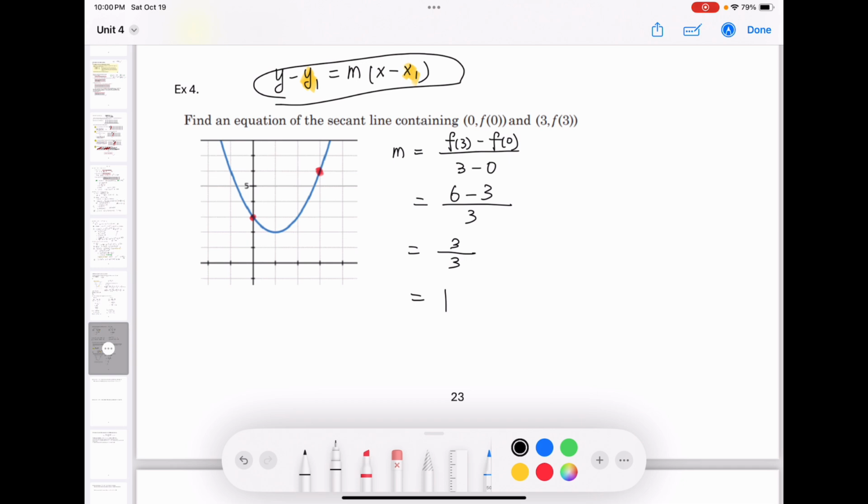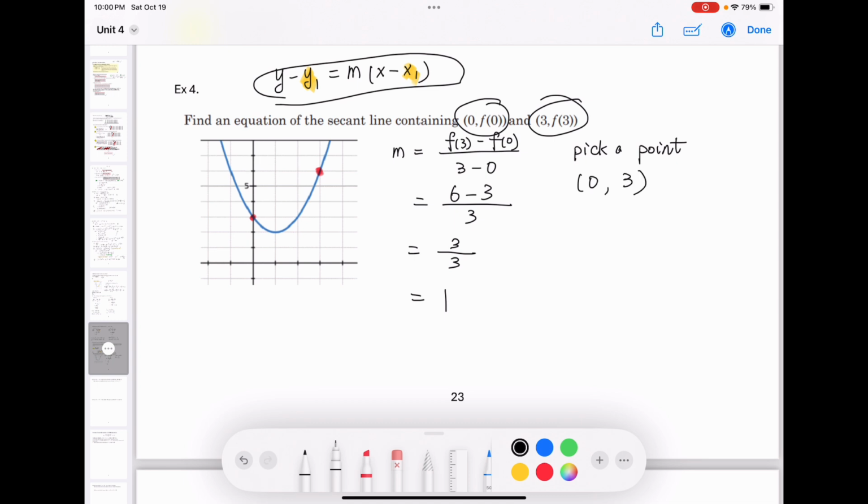So I can pick a point, which is coming from the given information here. It doesn't matter which point you pick, you have the same equation. So if I'm picking my first point, 0, f of 0. What is f of 0? It is 3. So that point's y value is 3.